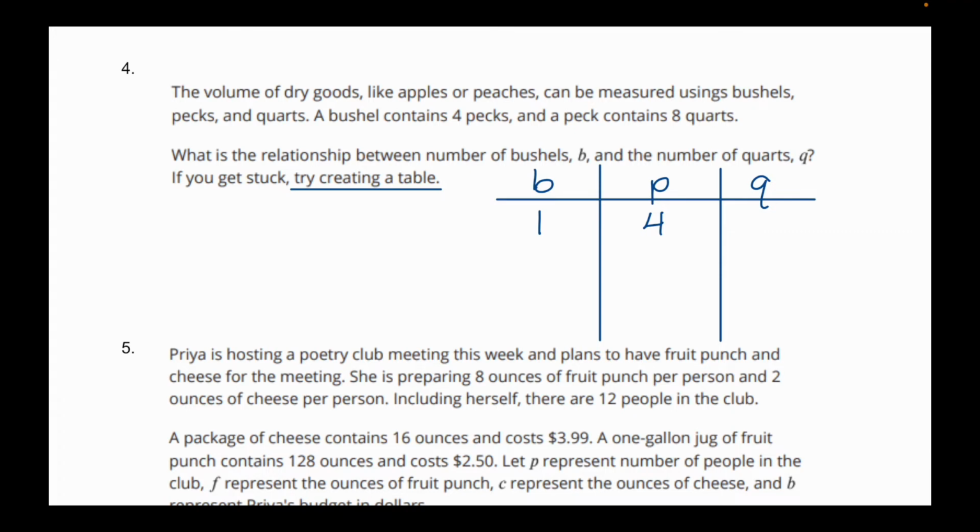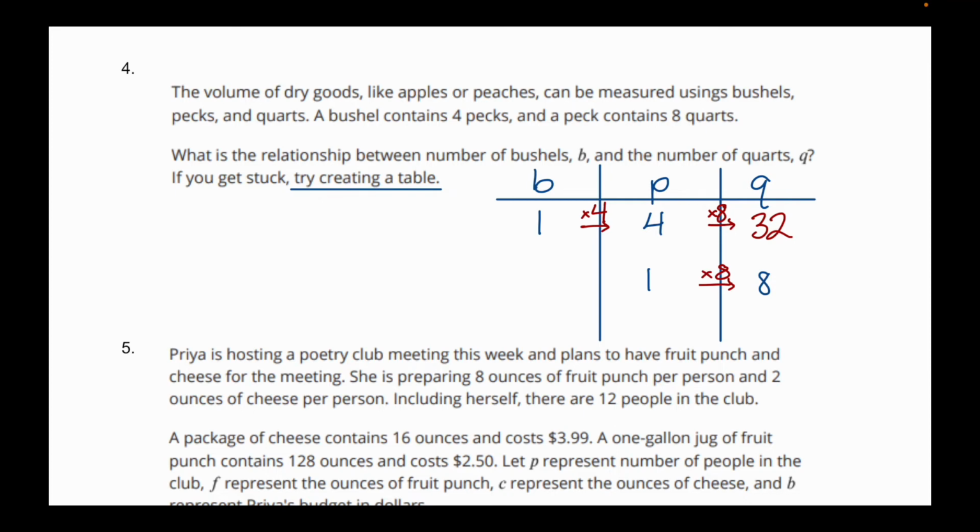They said 1 peck contains 8 quarts. So what I'm doing here is multiplying by 4, and then what I'm doing here is multiplying by 8. In order to fill this out, I can keep going and multiply here by 8 to get the number of quarts. 8 times 4 is going to give me 32. So I know that in 1 bushel, there are 32 quarts.